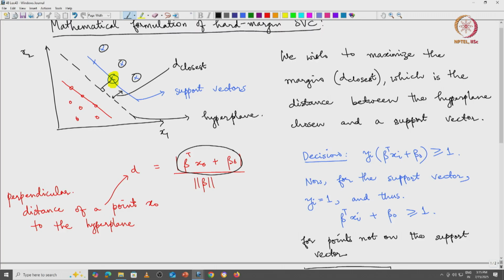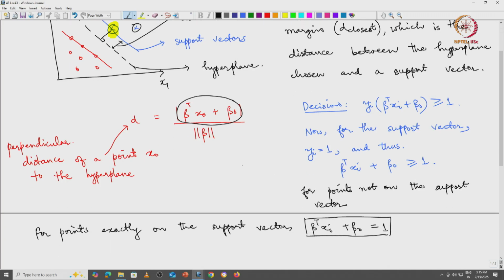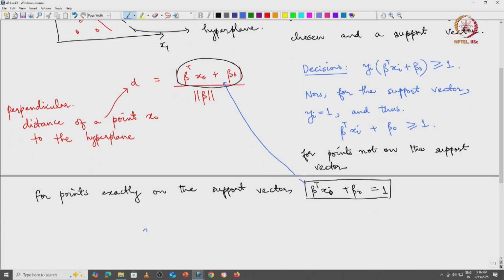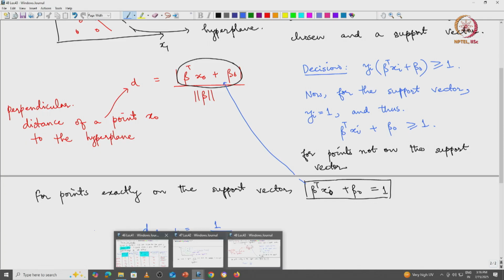So we will just plug in a point on the support vector, x naught, and we know that for points exactly on the support vector, beta transpose x naught plus beta naught equals 1, and now you can plug this into the equation above. Okay. So when you plug this here, you can clearly see that d closest is equal to 1 divided by the norm of beta.